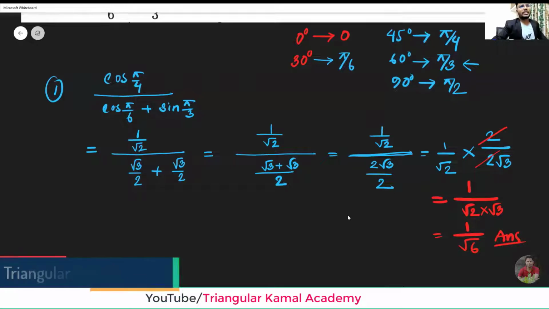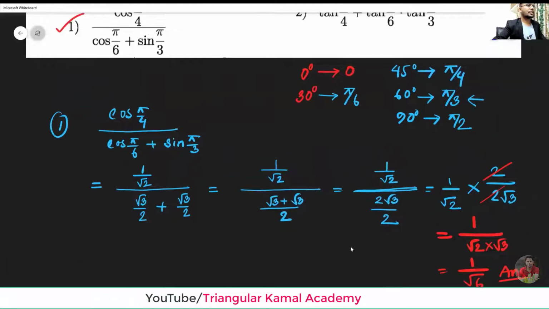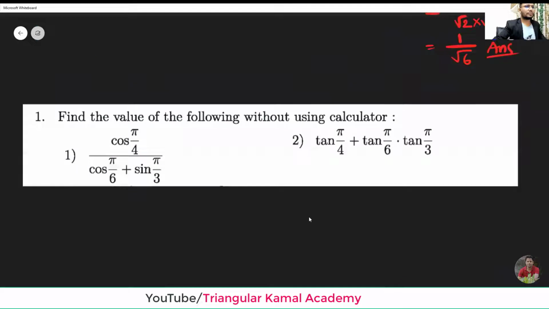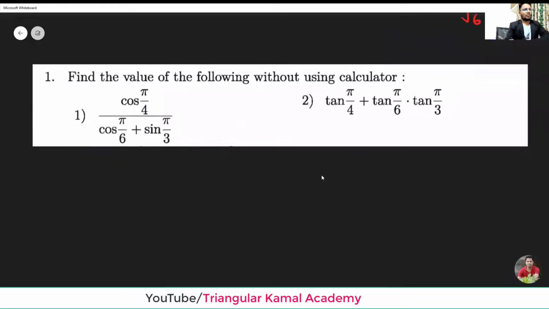So now next math, number 2, tan pi by 4, that means tan 45 degree plus tan pi by 6, tan 30 degree, multiply tan pi by 3, which is 60 degree.